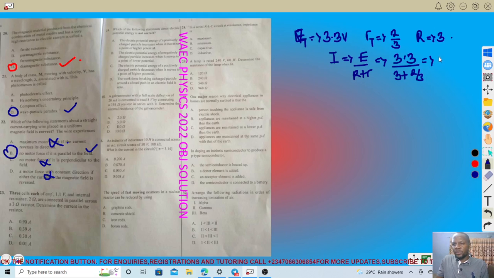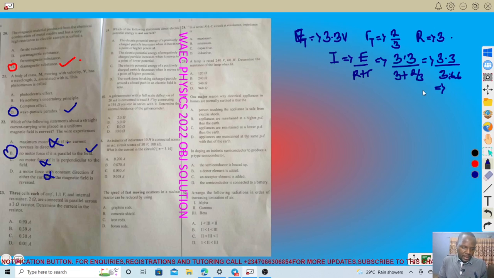On substitution, this will be 3.3 over 3 plus 0.66666. That's 3.66. So directly, we should be able to get the answer. Thinking 0.90 is close. Let's check.